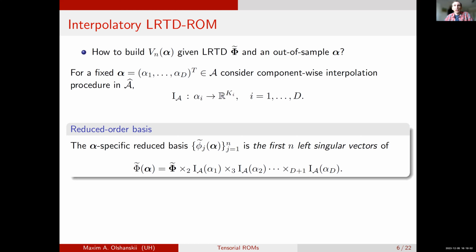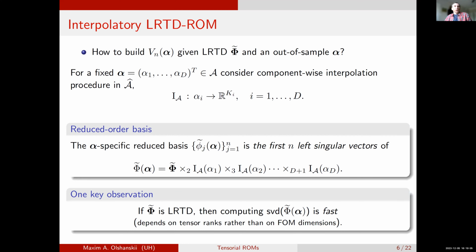So this is one key observation, that if this tensor here is in low rank format, it turns out that computing SVD of this matrix, so finding this alpha specific basis, is very fast. Very fast means it depends only on tensor ranks, but not on the full order dimensions. That's what makes this approach very efficient.